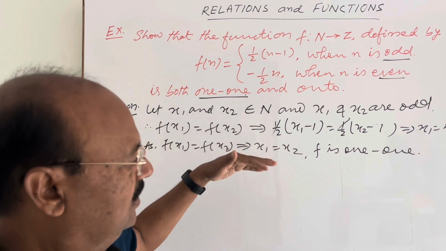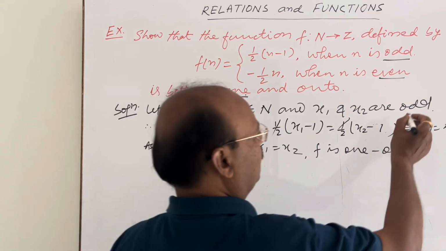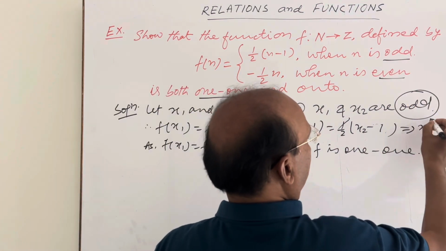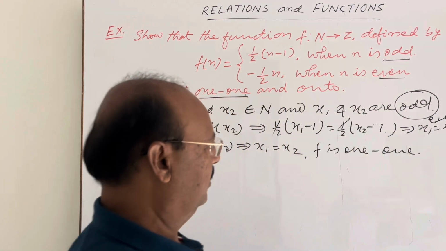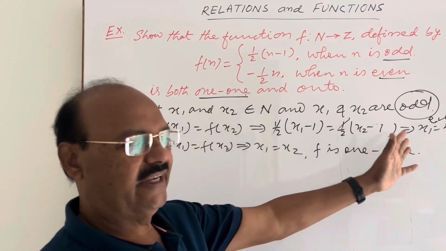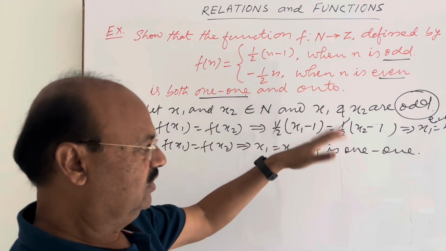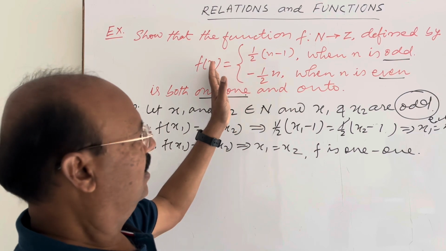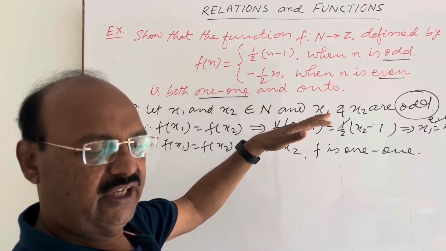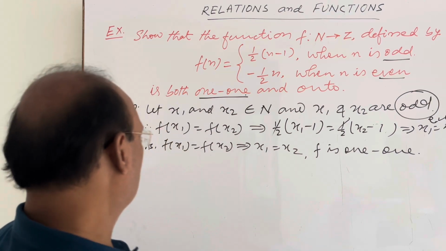Simply, what will be the change in that step? In place of odd, you have to write even. x1 and x2 are even, and we follow the same process and we will get the same result. So in both cases, when natural numbers are even or odd, this given function is one-one.